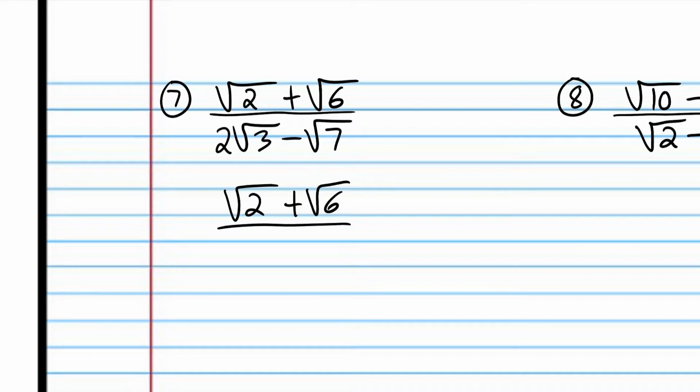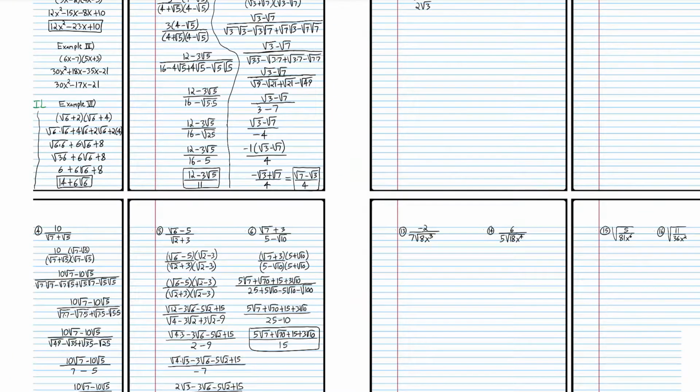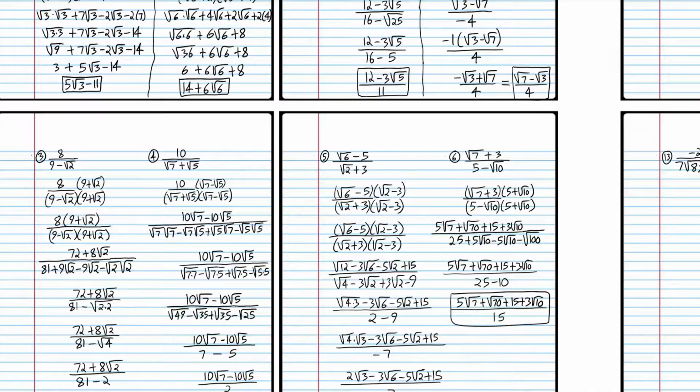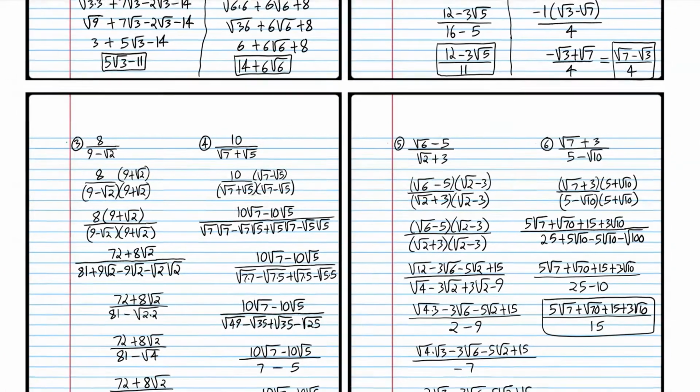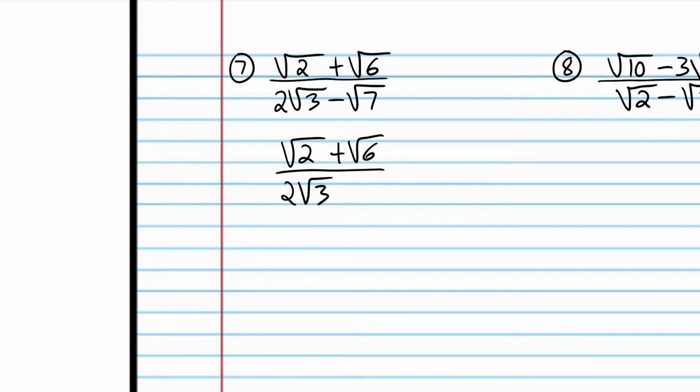In the previous problems, we only had 1 root. Actually, no, I take that back. In 2 of those problems, we had 2 roots. But now we have 2 roots in the bottom and 2 roots in the top. But it's the same technique.